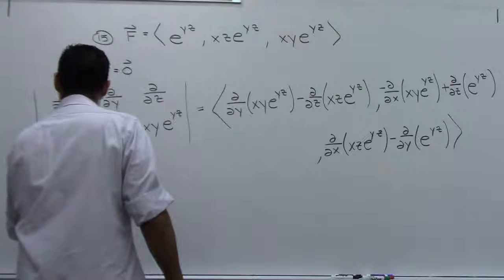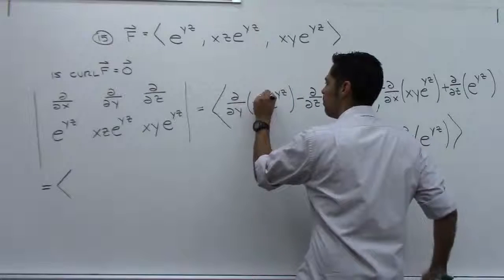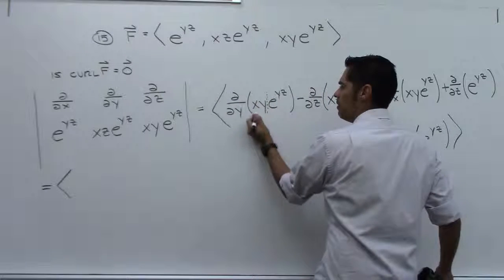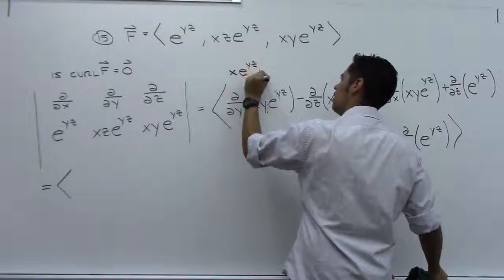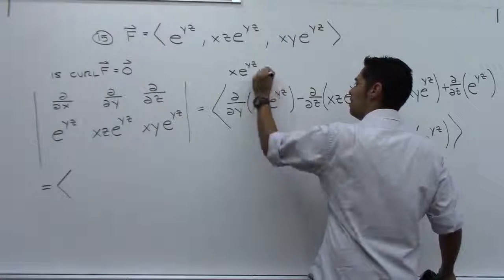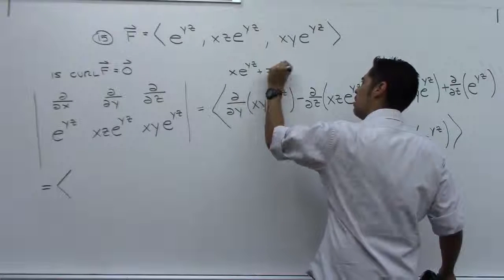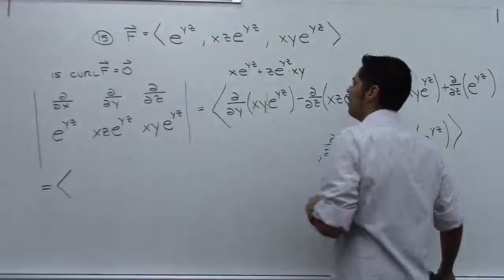This equals the vector. Partial of this with respect to y. So this is where I was saying we have a product rule right here. So derivative of this with respect to y is x times e to the yz plus, now derivative of this with respect to y, which is going to be z e to the yz, but then finishing off product rule times xy.